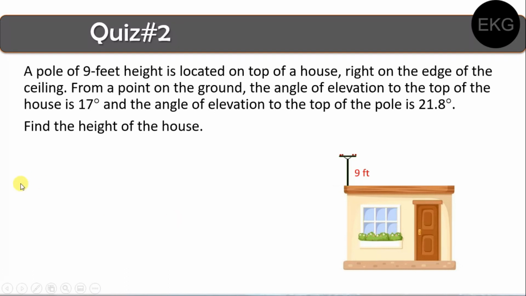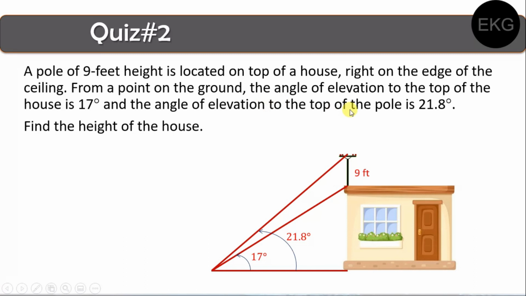Now, from a point on the ground, the angle of elevation to the top of the house is 17 degrees, and the angle of elevation to the top of the pole is 21.8 degrees. Find the height of the house.